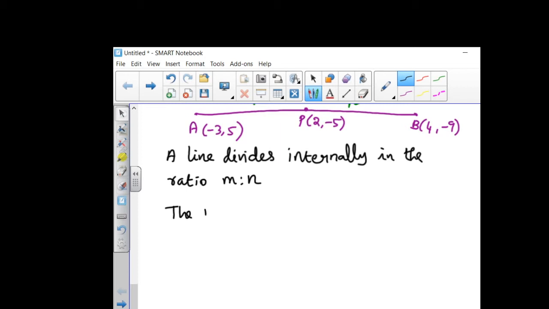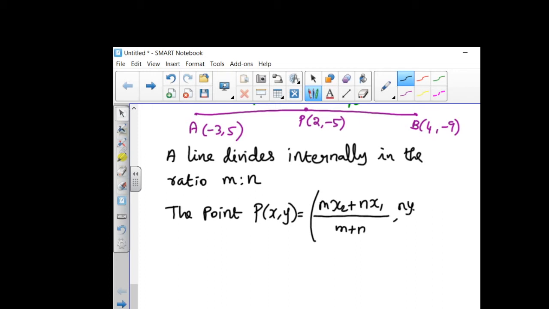The point P is mx2 plus nx1 divided by m plus n, and my2 plus ny1 divided by m plus n.